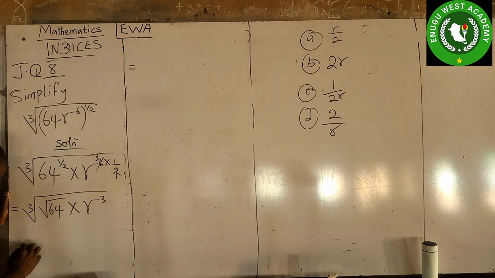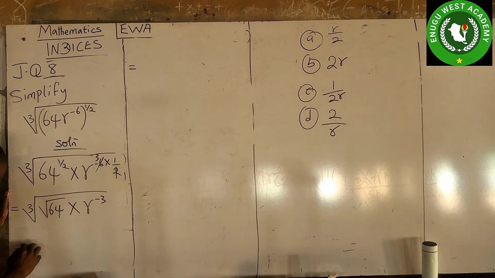Then on this r, we make use of 1 over 3, because the cube root of r raised to power minus 3 is the same thing as writing r raised to power minus 3 times 1 over 3. So we're going to have cube root of 8 times r raised to power minus 3 times 1 over 3.